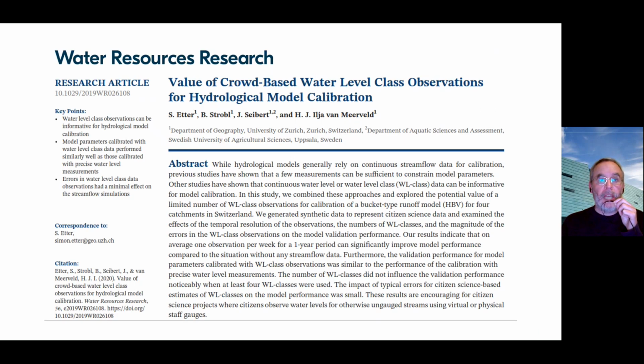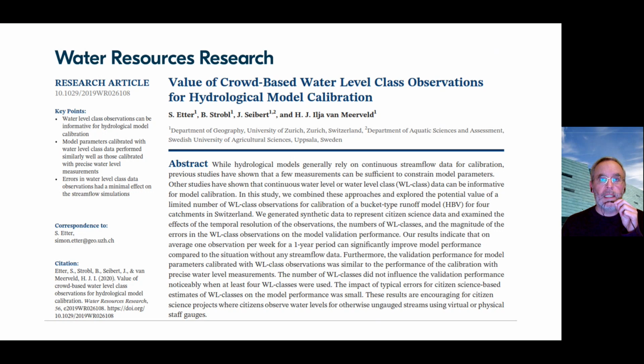This is a paper produced by some of the Crowdwater people. I've put it here to demonstrate the usefulness of the data gathered using the app. These are crowd-based water level classes, the same sort of data we are asking our citizen scientists to record. They've shown that this type of data is useful for calibrating hydrological models.